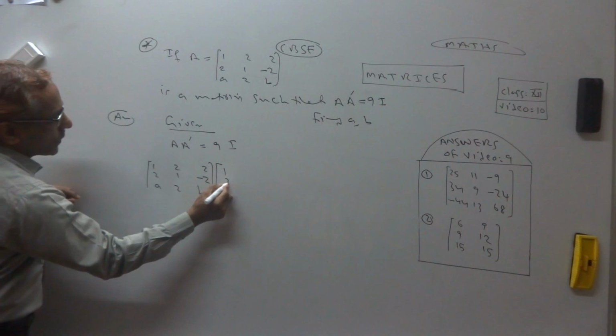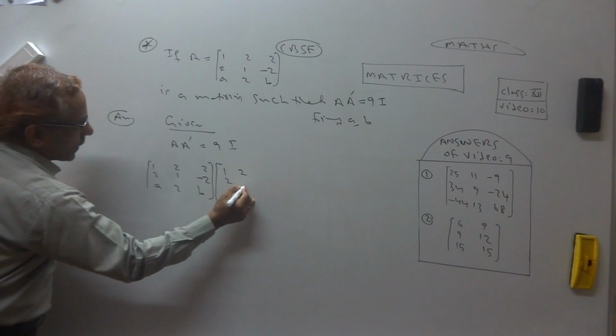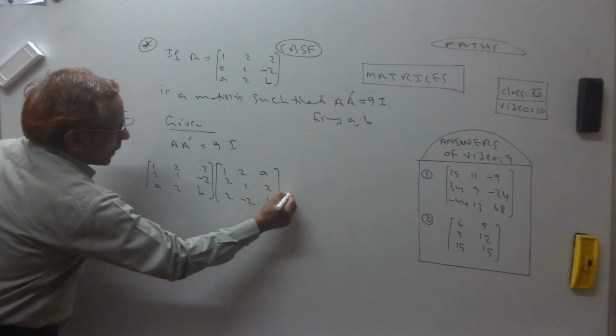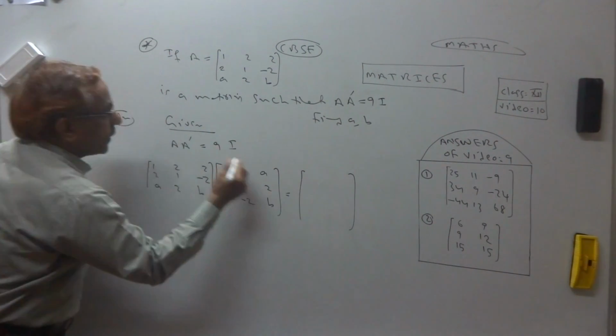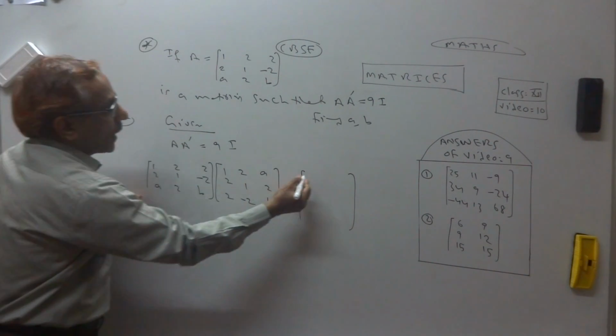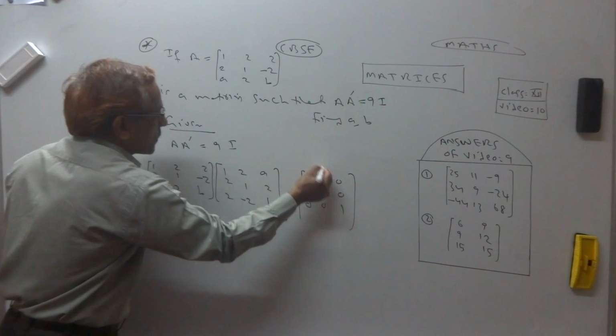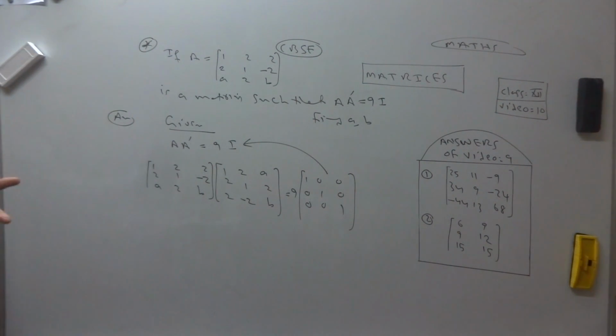First row I should write as first column, second row as second column, third row as third column, is equal to 9I. 9 into all the elements of I: 1 0 0, 0 1 0, 0 0 1. This is called I, the identity matrix.